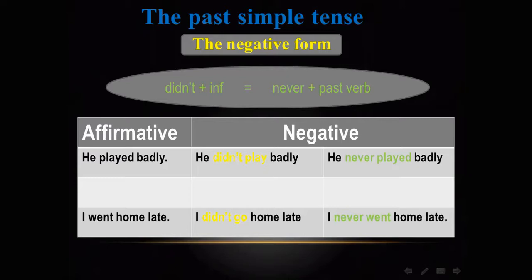We can use didn't plus infinitive, or never plus the past verb or the second form of the verb. In other cases, we can use not only if the sentence contains was or were. Was, wasn't, were, weren't.